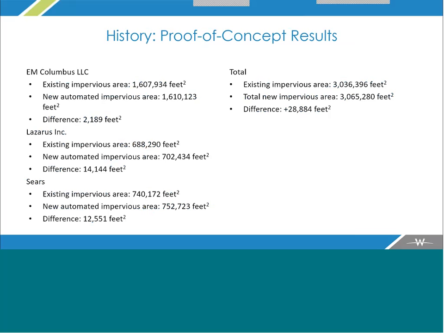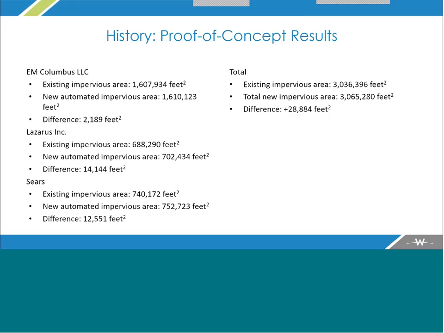So once we had figured out that this method had an upside, we decided to create a proof of concept in one particular area here in Columbus, Ohio, whereby we took a fairly small area. It could equate to about 4 blocks or so.